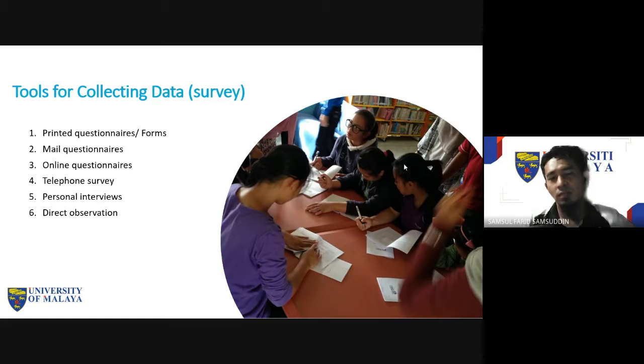Maybe you ask them and you just tick for them. Similar to a telephone survey, but this one is face to face, personal interviews based on a survey form. Alright, and then direct observation.